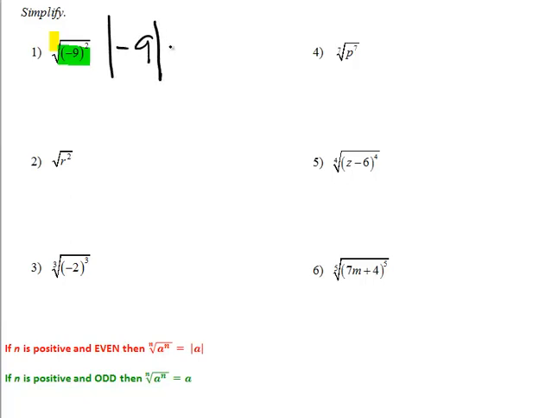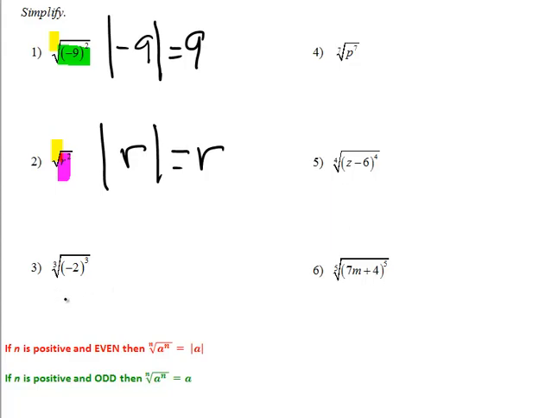Take its absolute value, and that would be 9. For this one, it's the same thing. It's finding the square root. I'm going to take whatever's inside the radical, take its absolute value, and that's the answer.